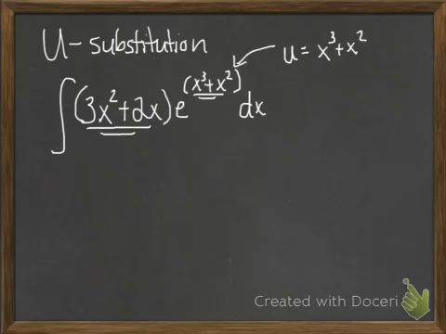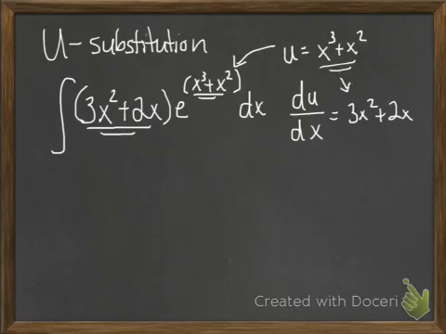Now, if we did that, we'll figure out that du over dx is equal to 3x squared plus 2x. If we took the derivative of this, we would get that. Now, we can put it in terms of an integral by putting du by itself.